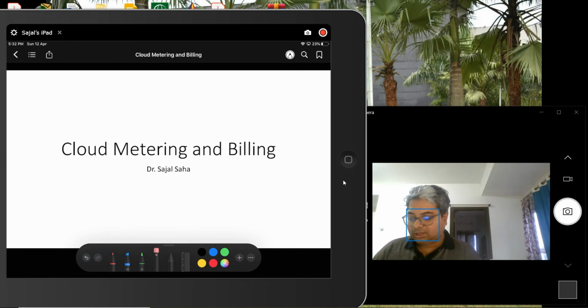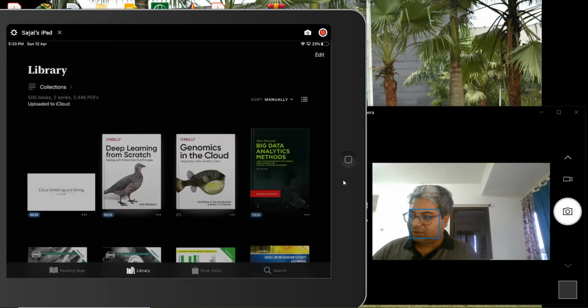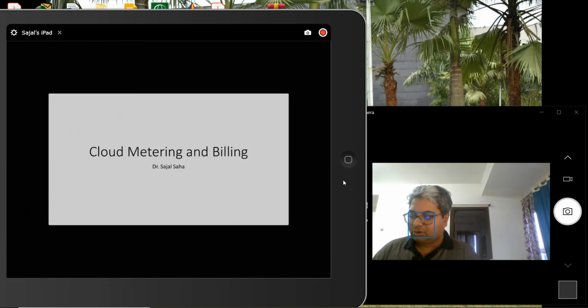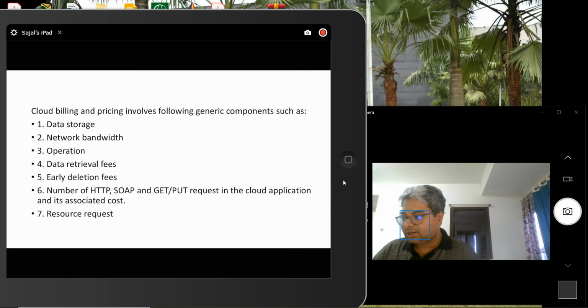Basically, it first considers what type of services you are using, whether it is infrastructure as a service or platform as a service or software as a service. But whichever one of the services it is, some generic parameters need to be considered in cloud computing metering and billing architectures.